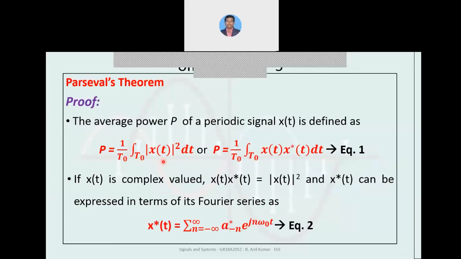This statement is valid when x of t is a periodic signal without any complex. If x of t is complex, then this will be satisfied provided x conjugate of t, according to the property of Fourier series, has the coefficient a suffix n modified to a suffix minus n with conjugate.